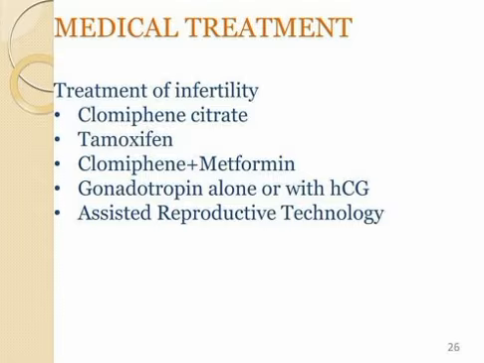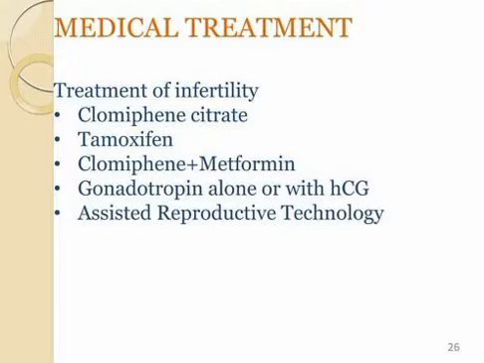Next will be the treatment of infertility. To treat infertility, they have to take clomiphene citrate, tamoxifen, clomiphene plus metformin, gonadotropin along with HCG, and assisted reproductive technologies. Once they have PCOS, they may also have some sub-infertility problems.